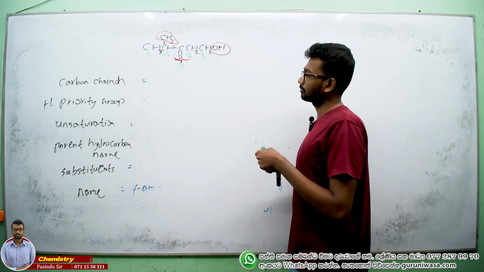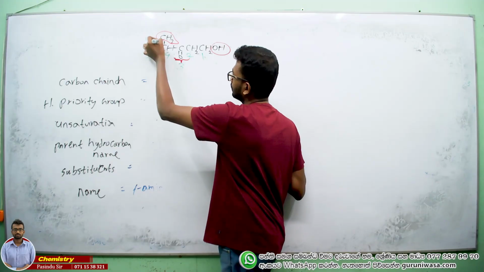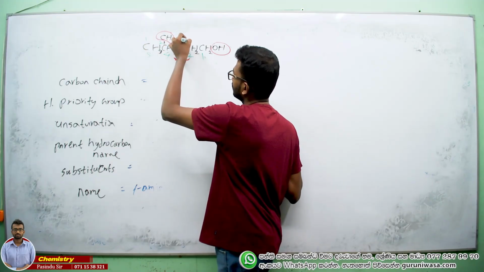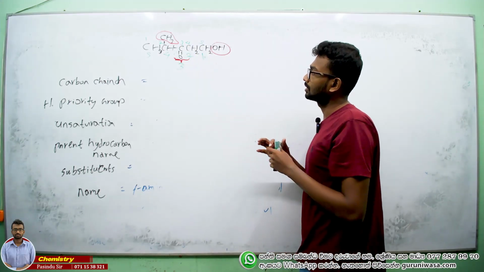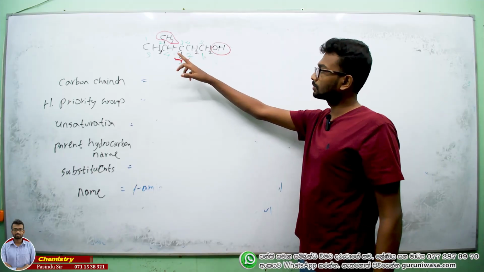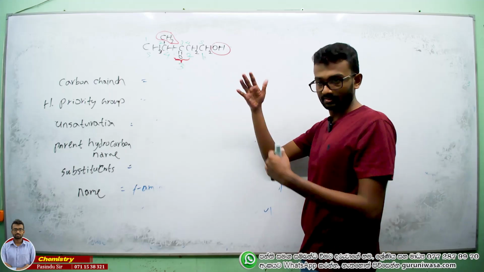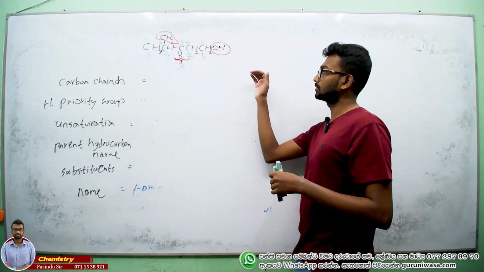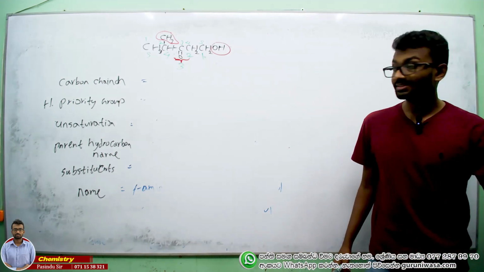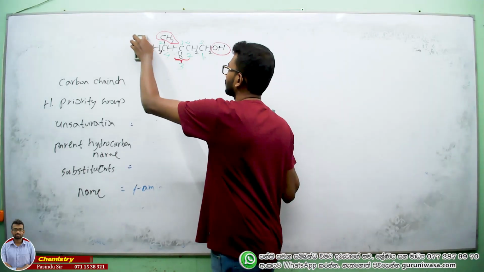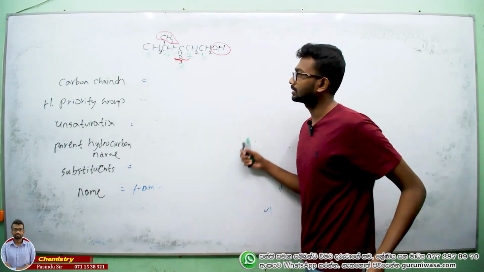If we count from the opposite side, 1 2 3 4 5, then these substituent groups get 2 and 5. So 1 and 4 is better, that's lower. Therefore we have to go with that direction, right to left, counting in that direction.